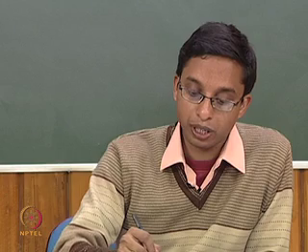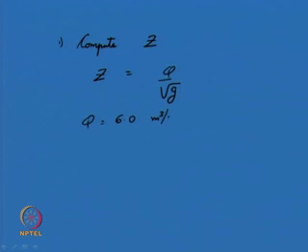Let us see how you can do it with the following situation. First, you need to compute, for the given data, the section factor Z. You know Z is equal to Q by root g. For the given problem, Q was found to be 6 meter cube per second, and you know the value of g.